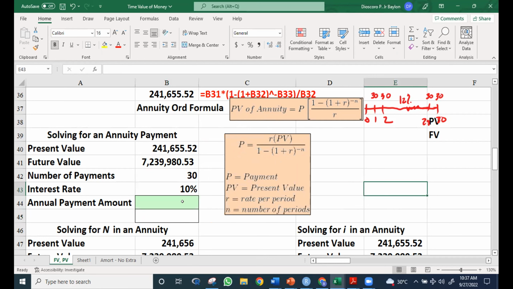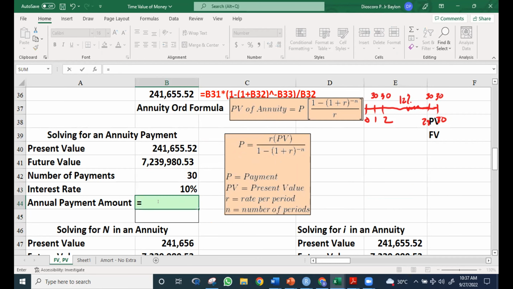Kayo muna, guys, no? I want you to get the annual payment. So to get the annual payment, what will be our function? Kindly chat, please, in the chat box. What function are we going to use to compute for the annuity? What function?